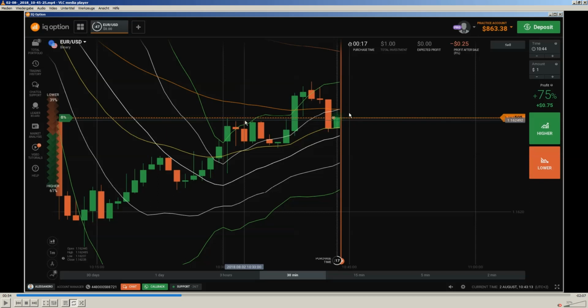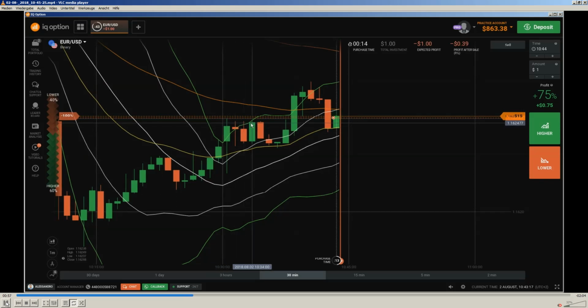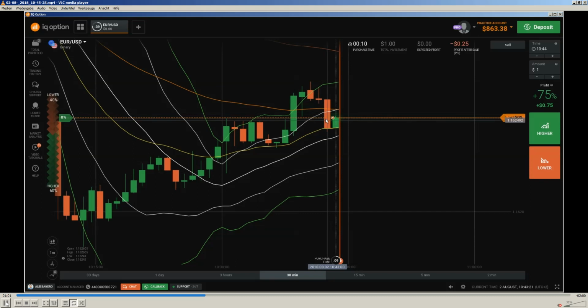This level became a resistance level, and that was the reason why I entered here into a put at this high, because I am expecting that after this strong bearish candle broke through this, the trend is going down too, because we got an engulfing candle and a downtrend, and that was the reason why I entered there into a put, expecting that price will continue going down, because this area is now acting like a resistance area.